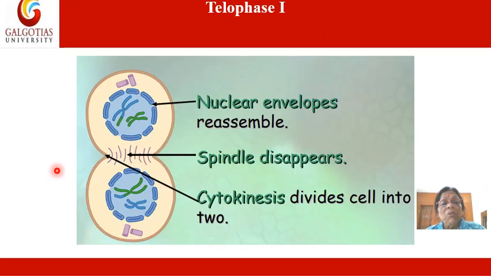Now this is telophase 1. What happens during telophase 1? The chromosomes have moved towards the two poles. The nuclear membrane starts reappearing and the spindle disappears, and the nucleolus gradually starts forming.